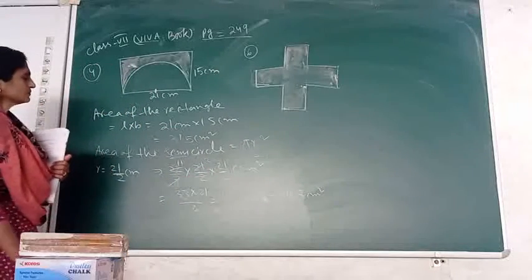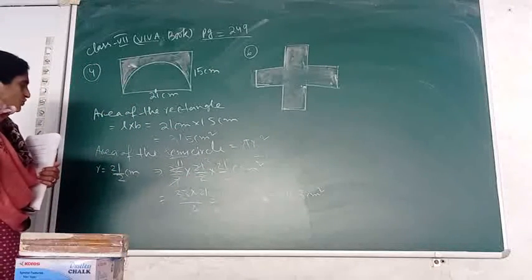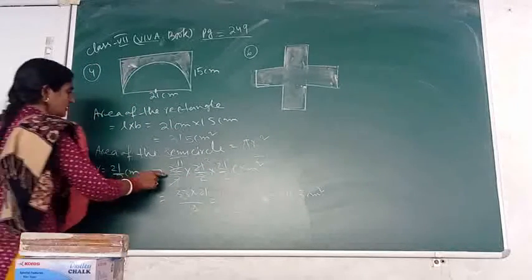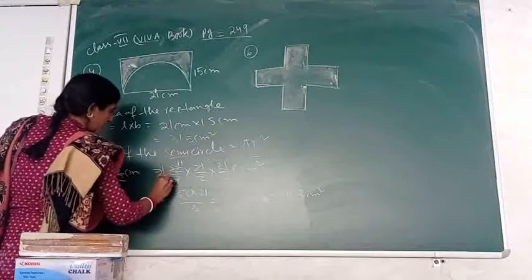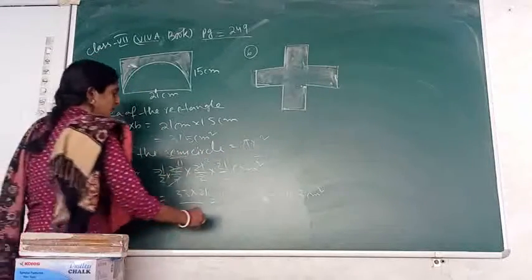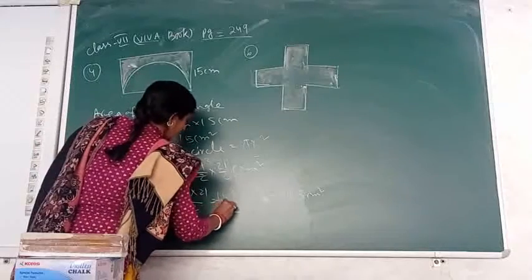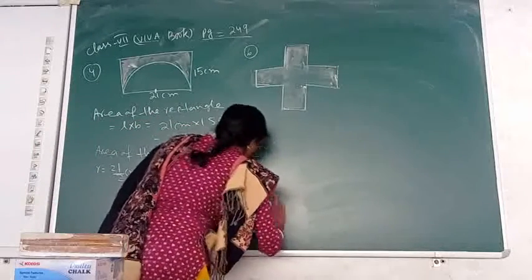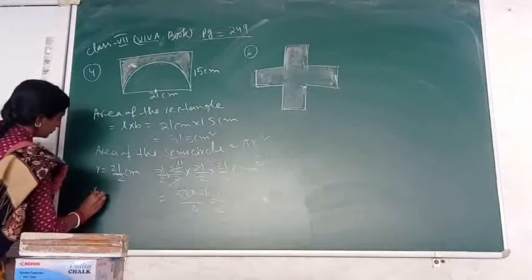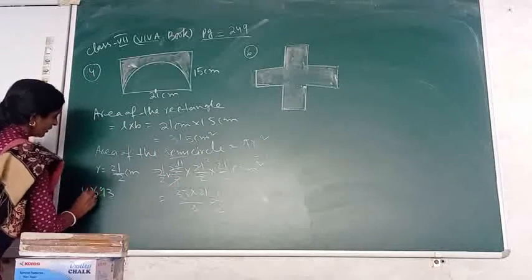Now, yes, let's check it once more. Another by 2 was there for the half. That one I have not done here. So that half also will be there. That means again here I have to multiply that half. So it will be definitely less than that. That means 693 will be divided by 4.